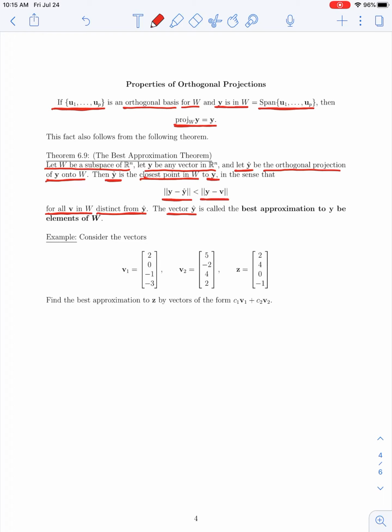So this vector y hat is called the best approximation to y by elements of W.